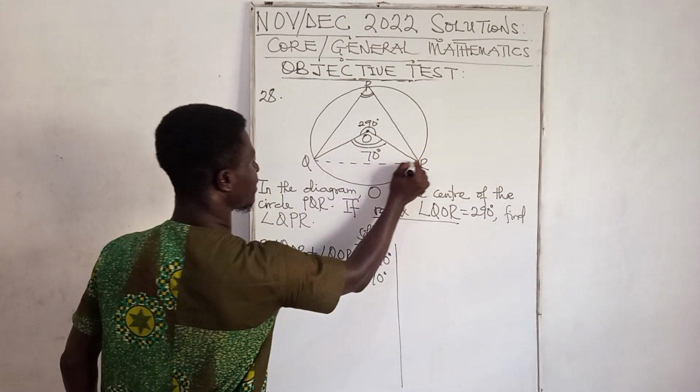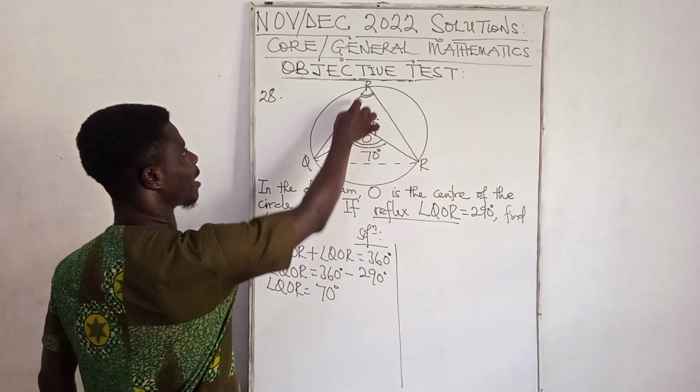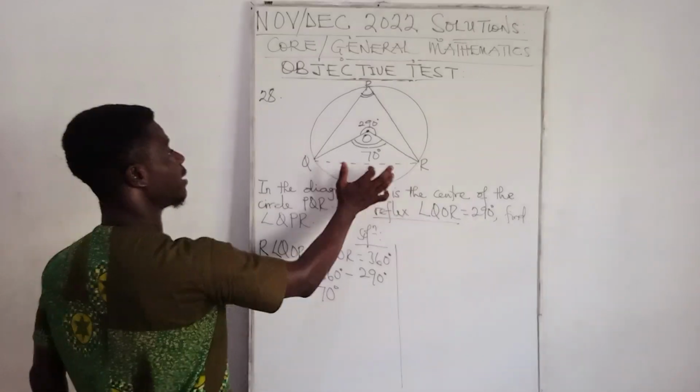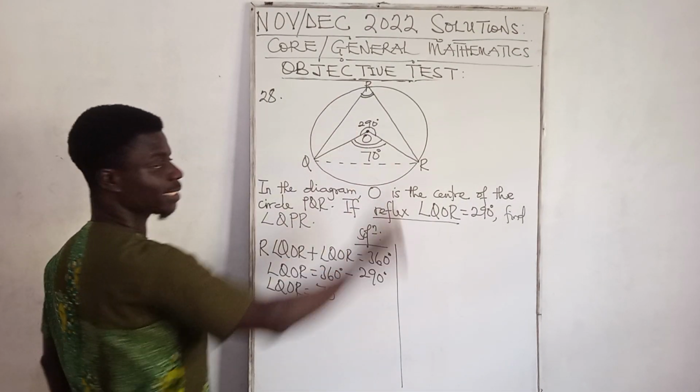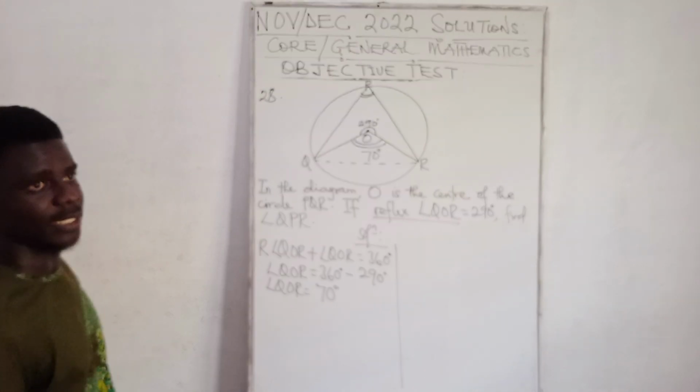Or we can say that twice an angle subtended at the circumference is equal to the angle this chord subtends at the center. So twice of this must be equal to that, right?